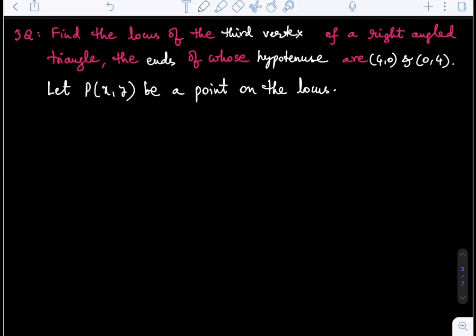And here it was given that it is a right triangle, in which the hypotenuse has 2 points, one is 4, 0, the other is 0, 4, and the third is x comma y. Let us suppose this is already taken as P(x, y). This is one point taken, this is the other point. So let us name them A, B here. Okay, so this is a right triangle.